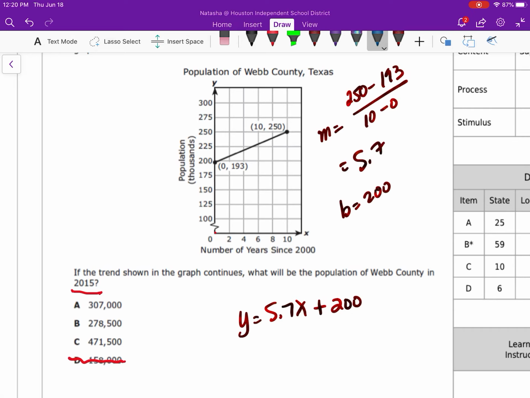We want to know 2015. Since that's 15 years, x is 15. So I'm going to plug in 15. y is equal to 5.7 times 15 plus 200.